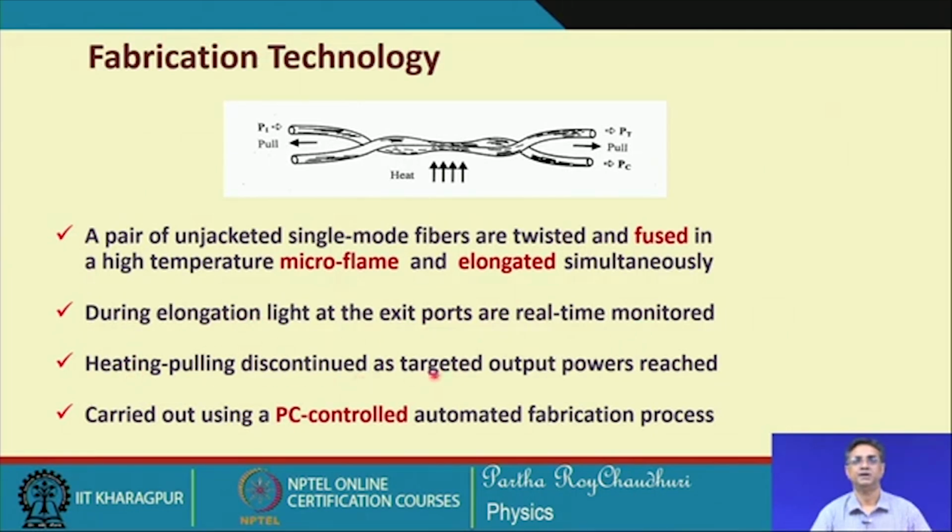Heating and pulling is discontinued, because during fabrication you have to monitor the power, the input and output power. As soon as you get the splitting of the powers in the transmitted and coupled port that is your requirement, 30-70, 20-80 or 50-50, you just discontinue the heating and pulling.